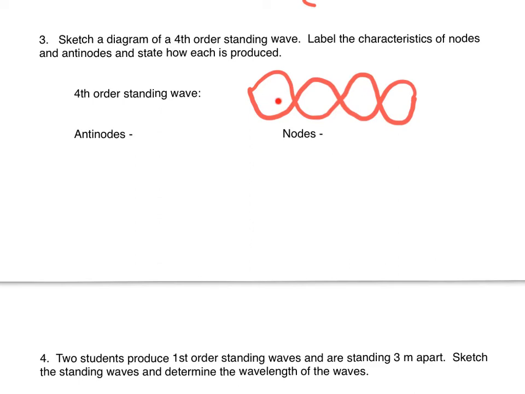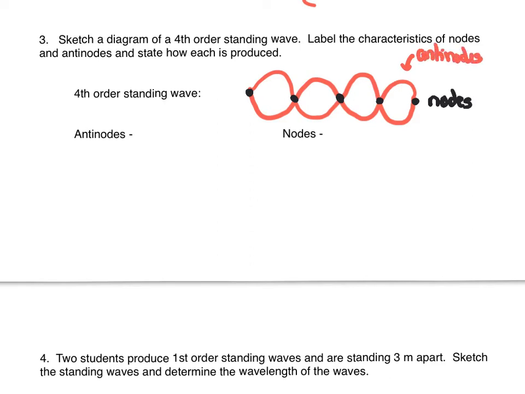So here's one antinode, 2, 3, and 4 antinodes. The other one here, so there would be 1, 2, 3, 4, 5 nodes. And again, these bigger areas here in between are called the antinodes.